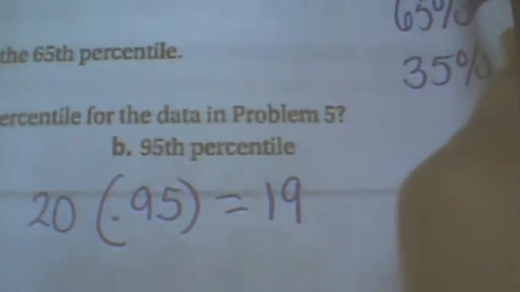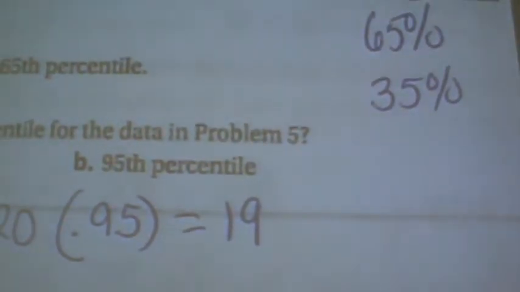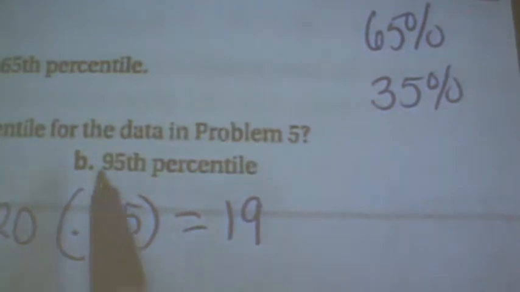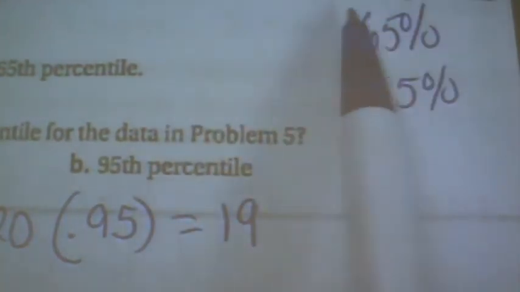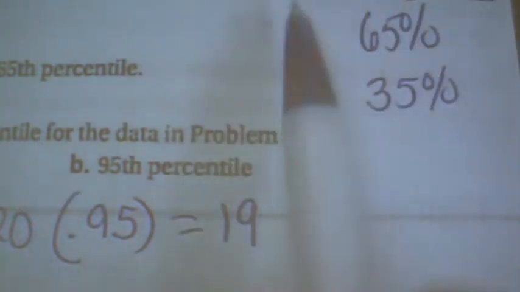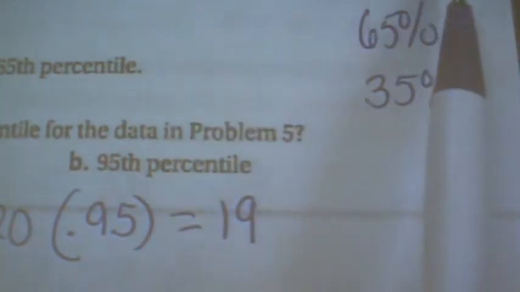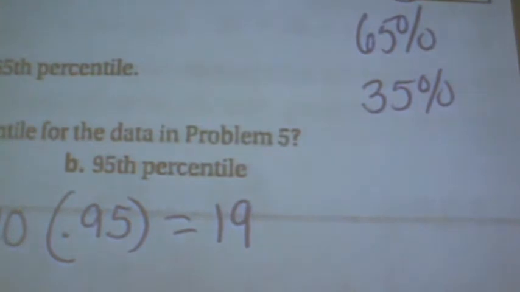So what's the 19th score? 98. So 95% of the students scored a 98 or lower, and 5% scored above a 98. And that's how you do percentiles.